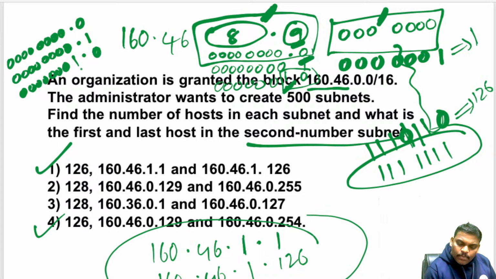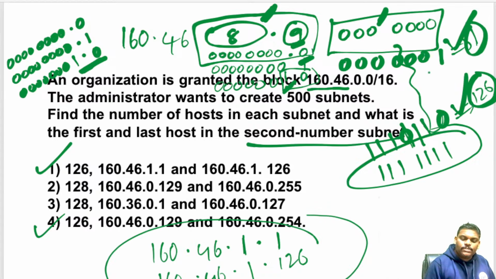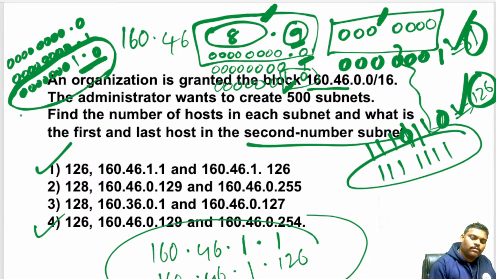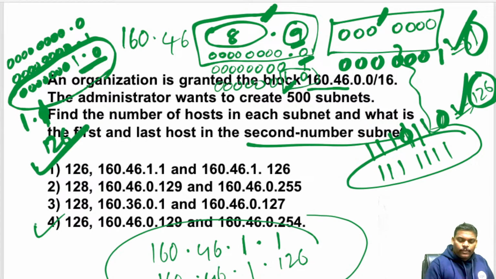This is the second number subnet. This is the first host, this is the last host. First host is 1, last host is 126. In this 0, first host is 1, last host is 126. So answer is 1. Okay?